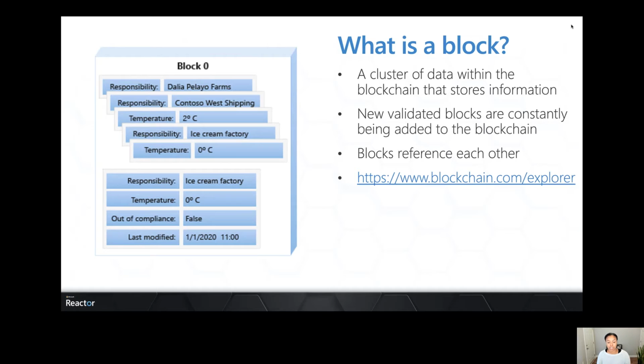These transactions include change of responsibility as well as change of temperature. It's important to note that a block can have multiple transactions. It will always have at least one, but depending on the network, it's possible for there to be up to thousands of transactions within a single block.